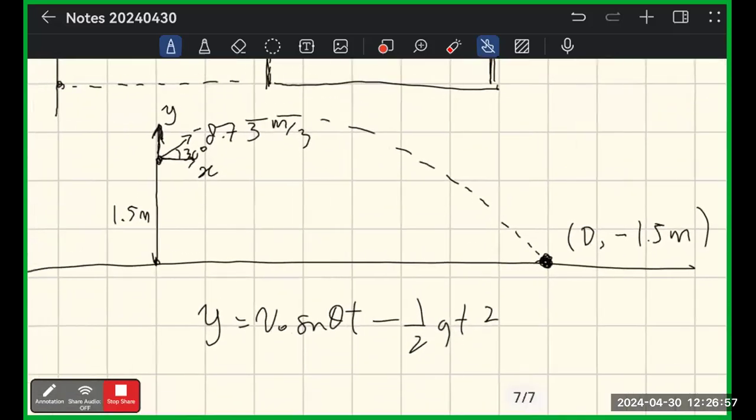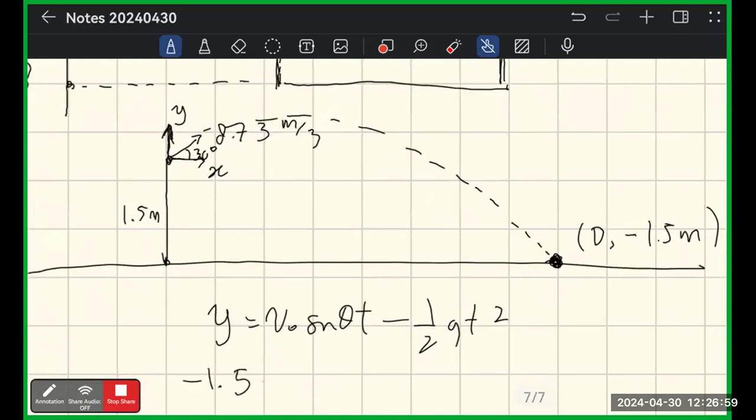Sorry, y here is minus 1.5. The v naught is 8.03 sine 30 times t minus half of g, 9.8, times t squared.